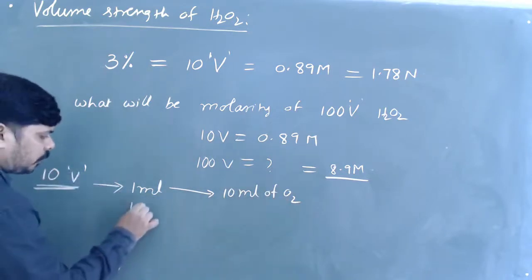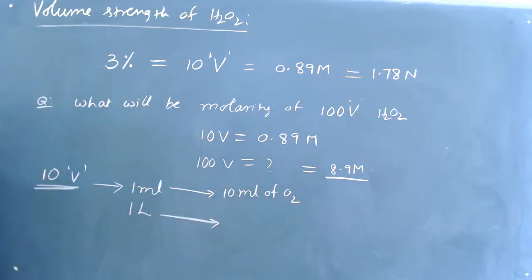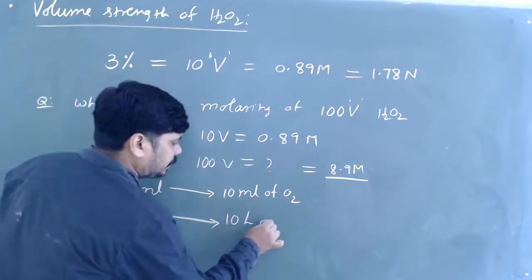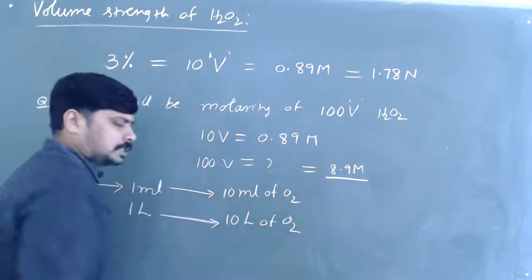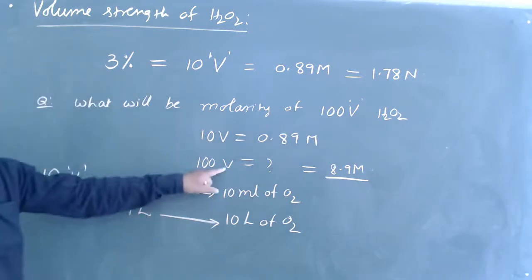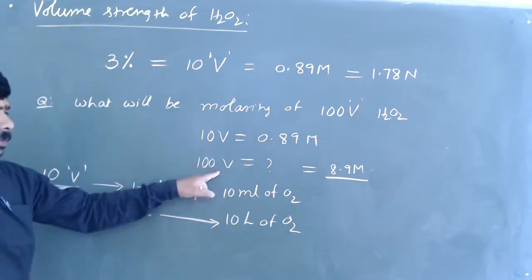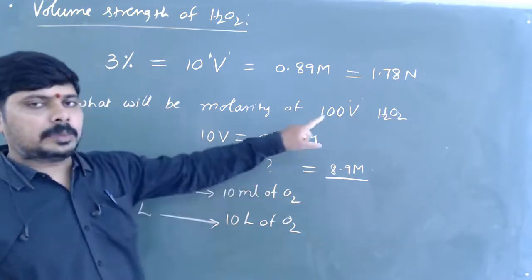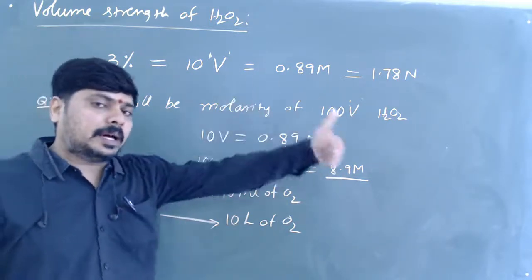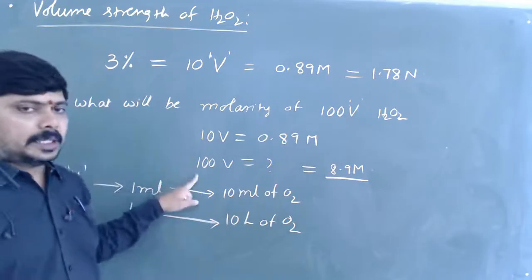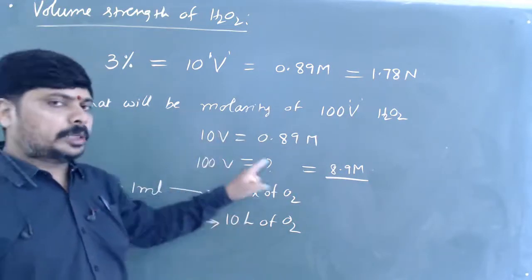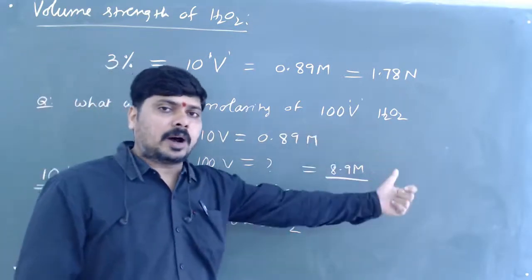If I take 1 liter of 10 volume strength H2O2, it is going to liberate 10 liters of oxygen. What is the meaning of 100 volume? 1 ml of 100 volume is going to liberate 100 ml of O2. If I take 1 liter of 100 volume H2O2, it is going to give 100 liters of oxygen gas.